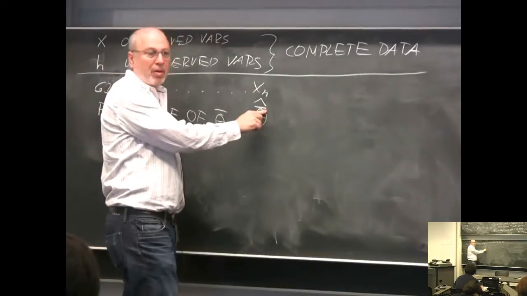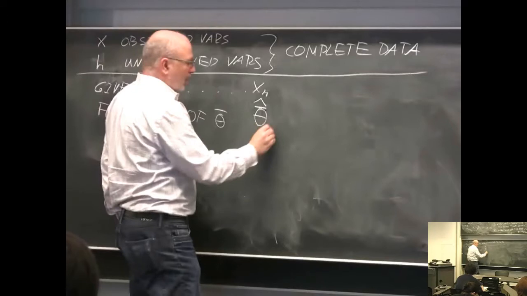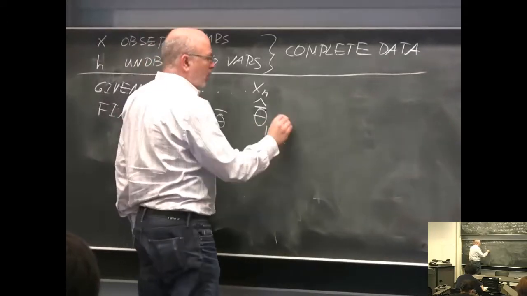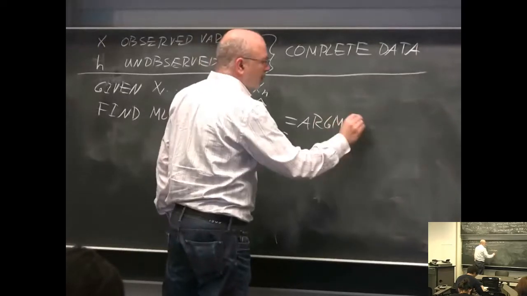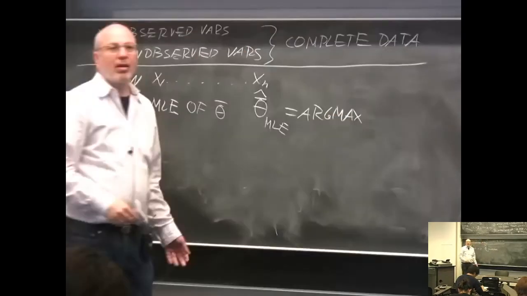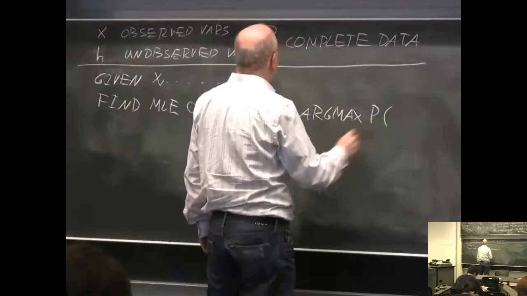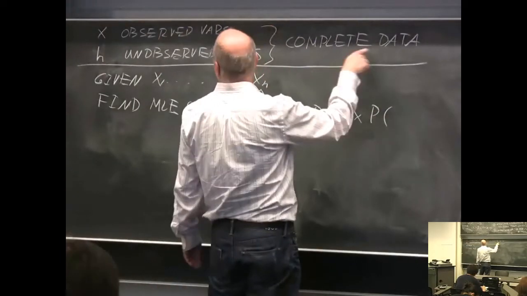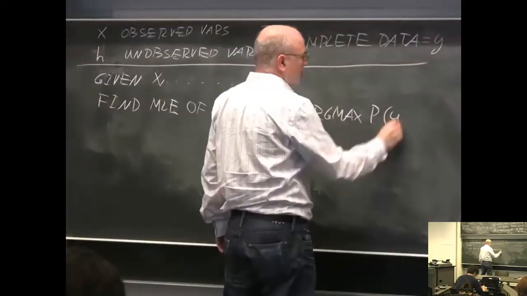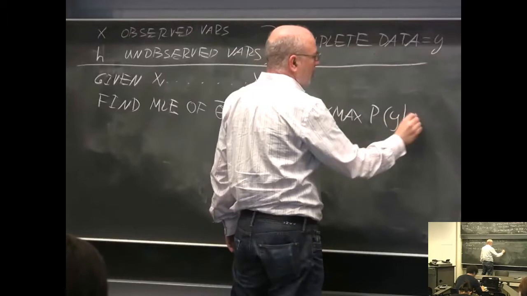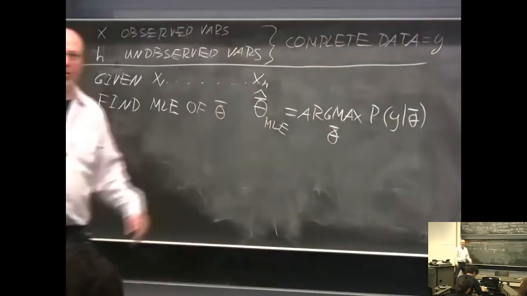Typically, there are many more. The hat is to show it's an estimate. The MLE would be the one that maximizes the complete data likelihood. So that means the P of Y, call it Y, conditioned on theta. This you're familiar with already.